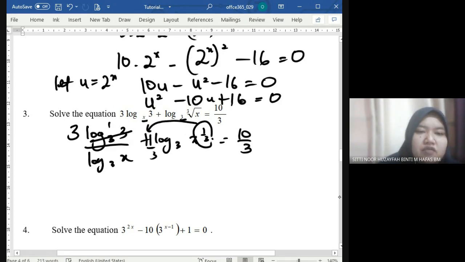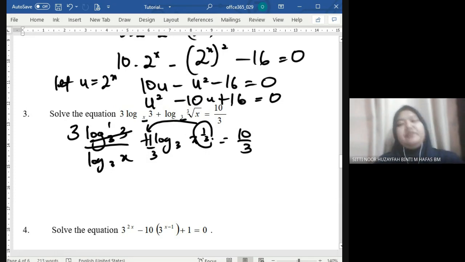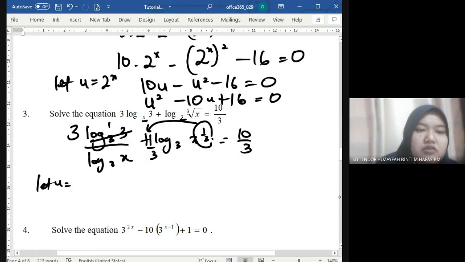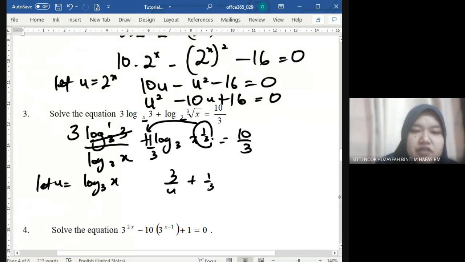We cannot combine them, because this is 1 over log. So what we can do is let u equal to log base 3 of x. So we have 3 over u plus 1 over 3 of u equal to 10 over 3.